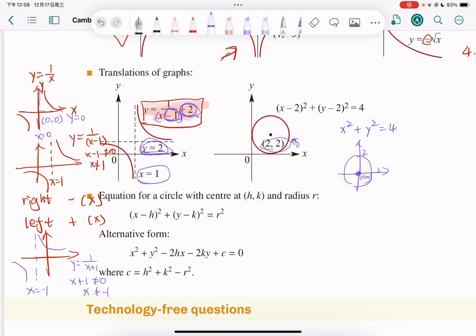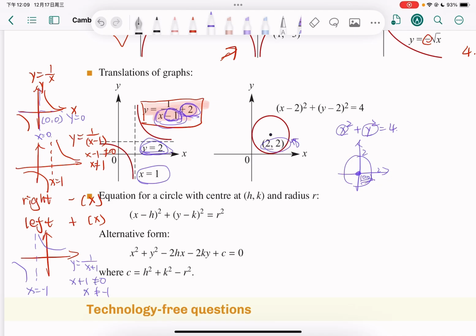And similarly, for the x over here, if we want to move to the right, then we do a minus 2. If we want to move up, then we also do a minus 2, because under the square, we want it to be 0 to satisfy the center point.